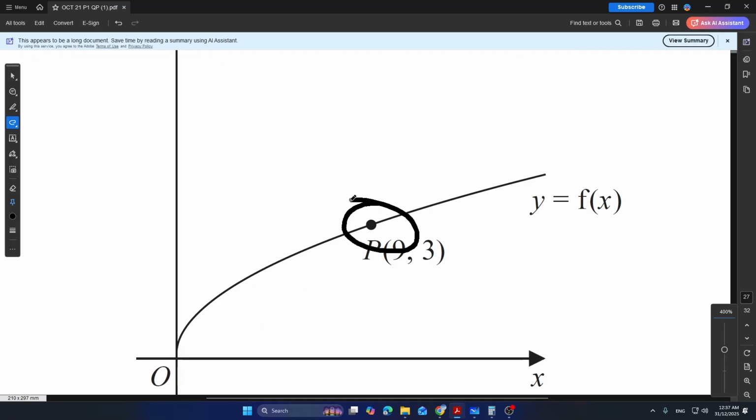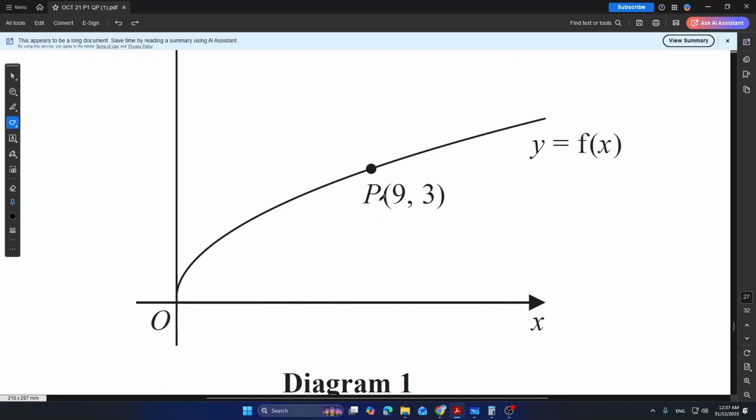The only x coordinate I have is this one. 9 times 1 over 2 is 9 divided by 2, so 4.5. So I'm just going to draw something like this.